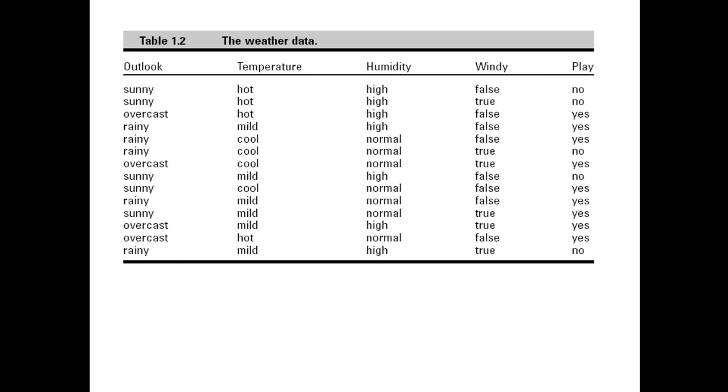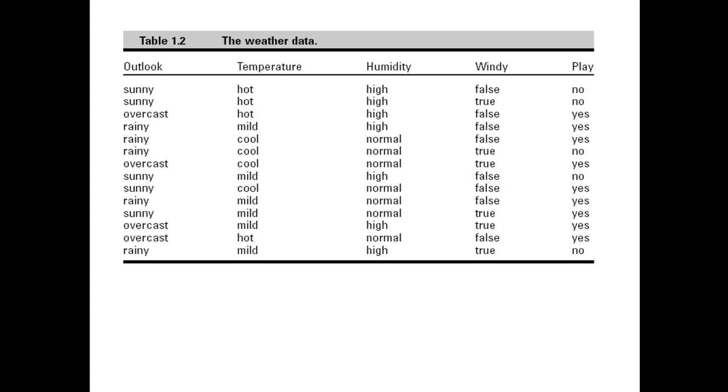We have outlook sunny. When outlook is sunny, look at the class attribute, it's no. Second one, again no. Then here we also have one. Right? So look at what is the outcome, again no. Fourth one, this time yes, this time also yes. So for outlook sunny, we have 3 no classes, 2 yes classes. What is the most frequent one?